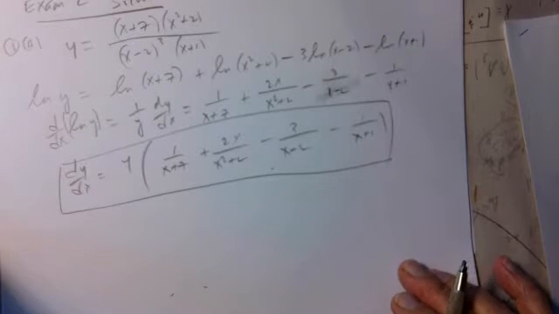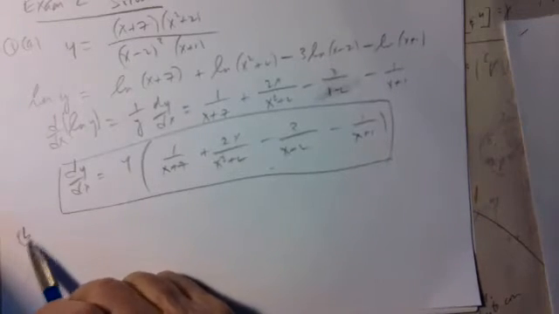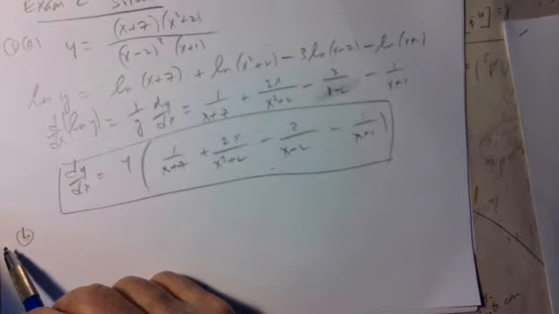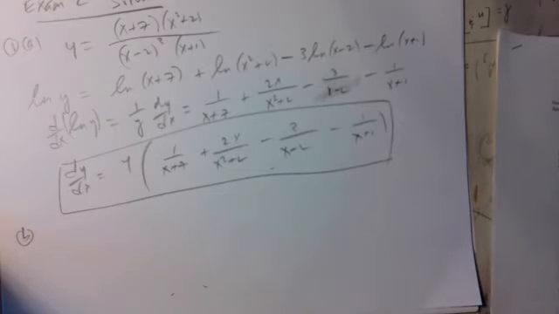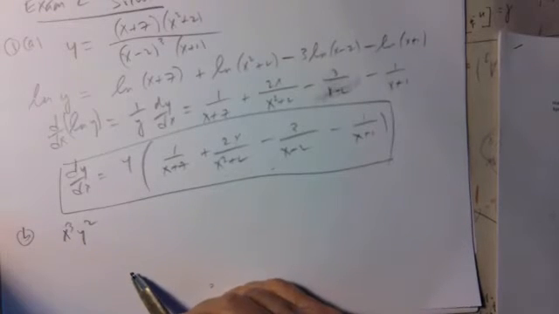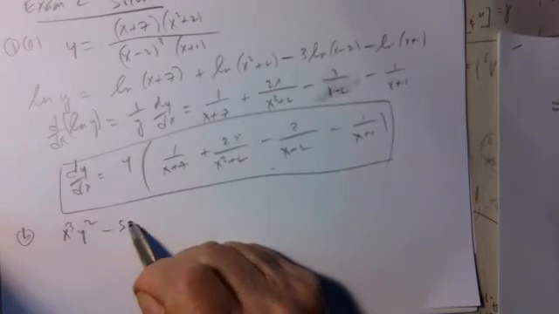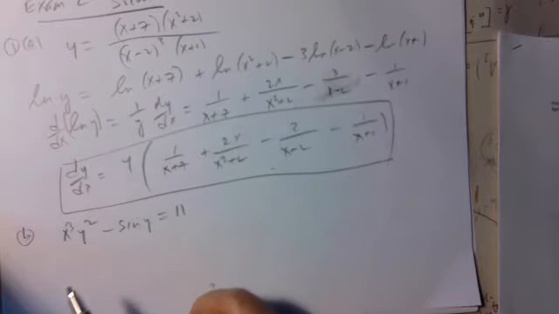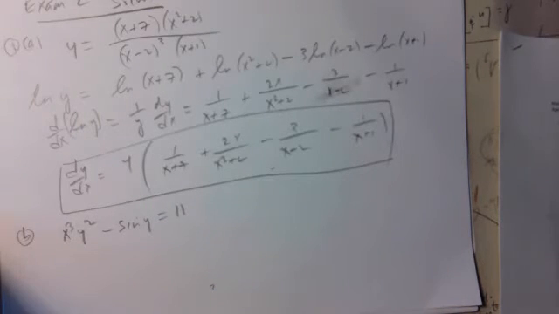Okay. Part B, we have the equation x cubed y squared minus the sine of y equals 11. And we want to find dy/dx by implicit differentiation. So when you differentiate with respect to x, what do you get?